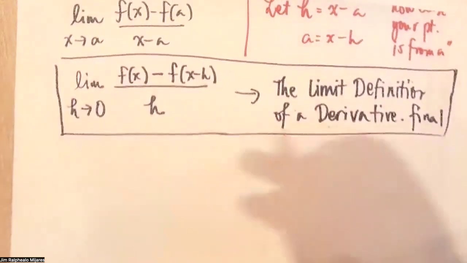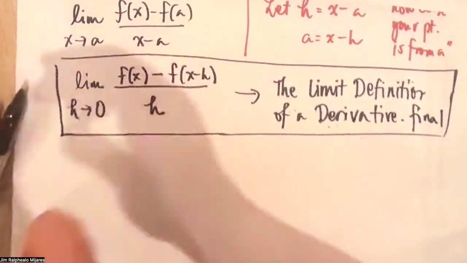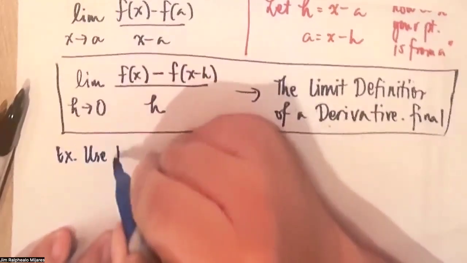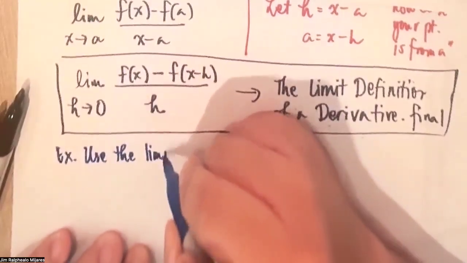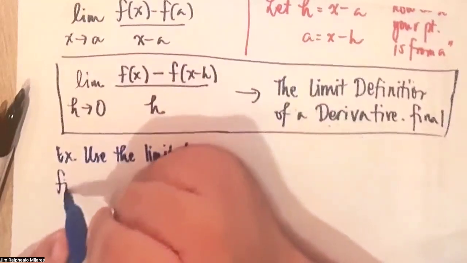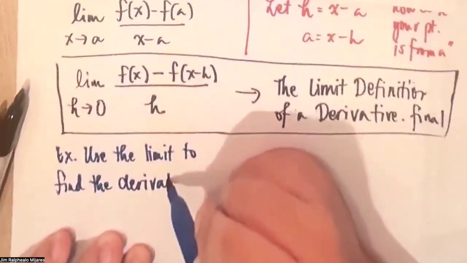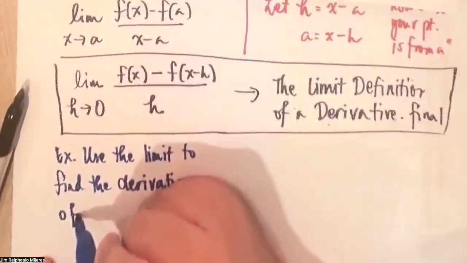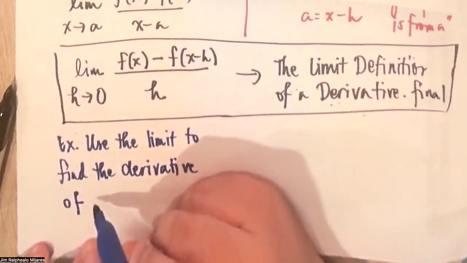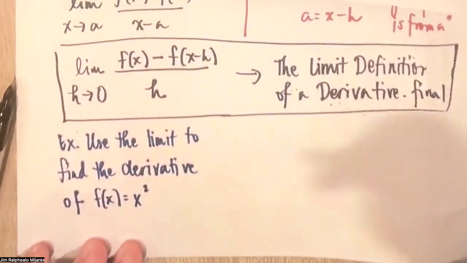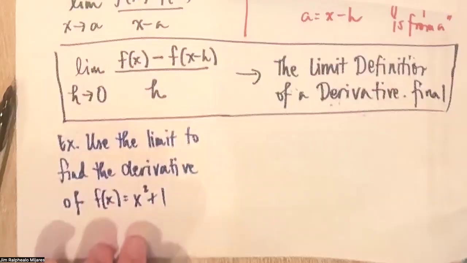So in our problem earlier, as an example, use the limit to find the derivative of f of x equals x squared. We used x squared plus 1.